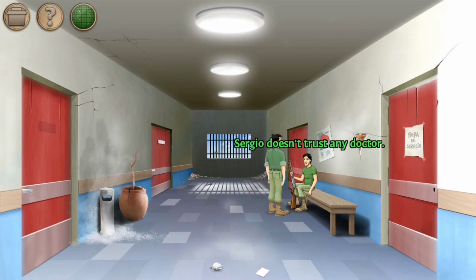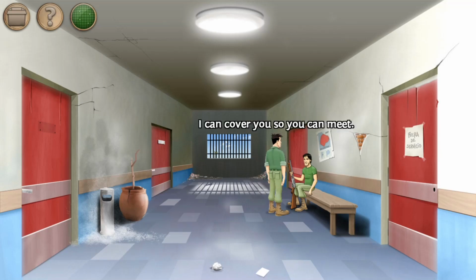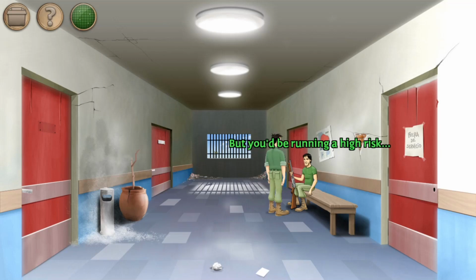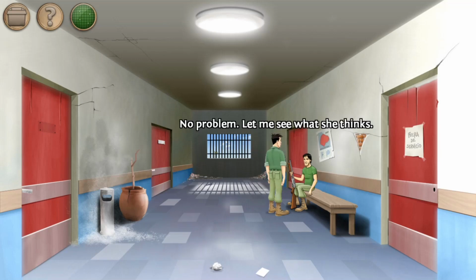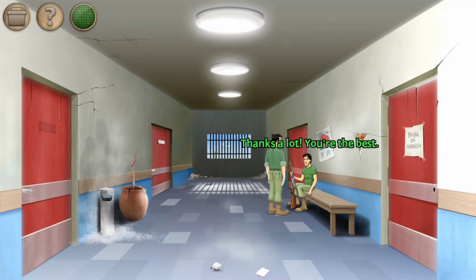Sergio doesn't trust any doctors. When he took over, the doctors made the Garahan resistance. Since then, he doesn't trust them and doesn't want us to mingle with them. Well, that's too bad. I have an idea. I can cover you so you can meet. But you'd be running a high risk. No problem. Let me see what she thinks. Thanks a lot. You're the best.